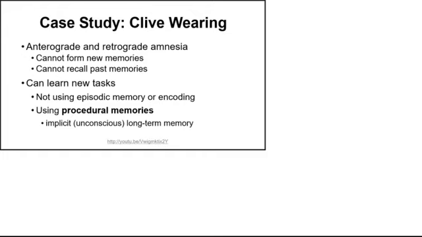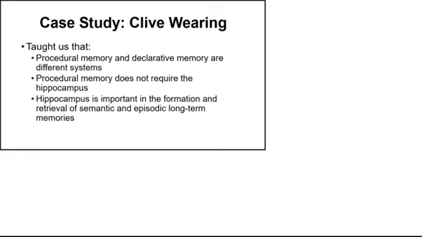So that actually tells us that even though we've grouped all of those types of memory together as long-term memory, our procedural memory is stored and retrieved in a slightly different way, specifically in a way that doesn't involve our hippocampus. So that's a really important distinction. And we're actually going to see a task that allows us to evaluate that in our next case study as well.